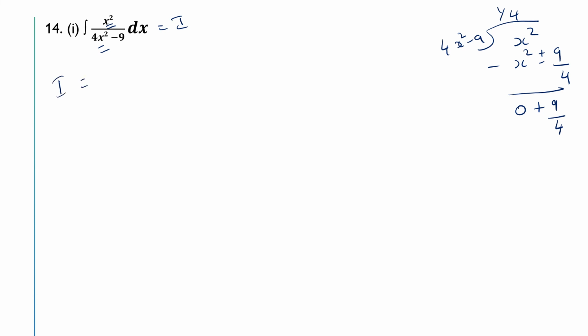The given integral is integral 1 by 4 plus 9 by 4 integral dx by 4x square minus 9.